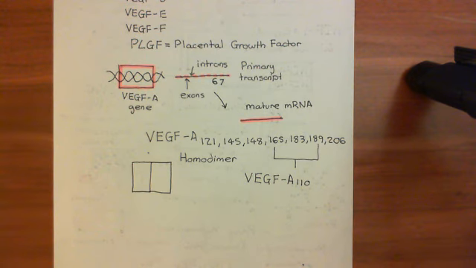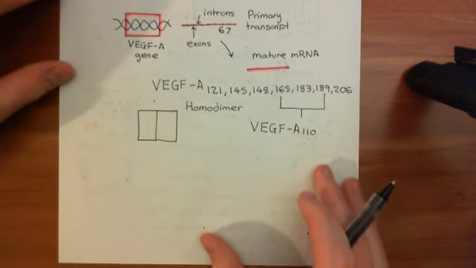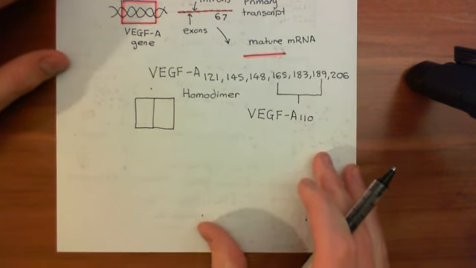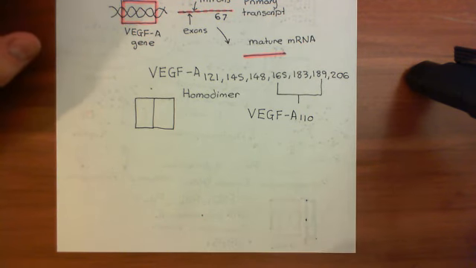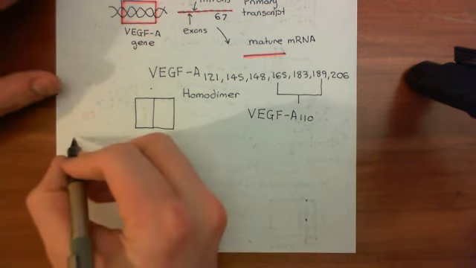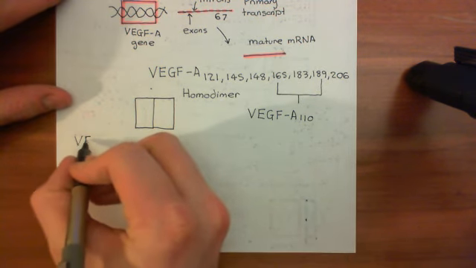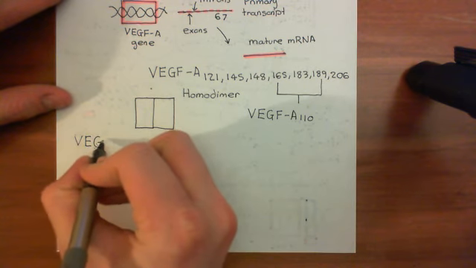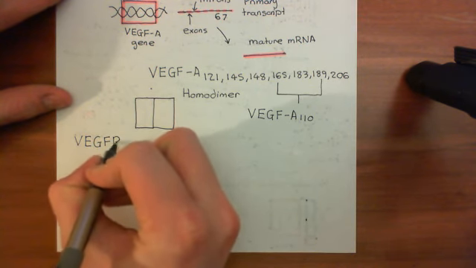So we now want to talk about the receptors for vascular endothelial growth factor A. Okay, so, well, in fact, the receptors for vascular endothelial growth factor in general. The most important receptor for vascular endothelial growth factor A molecules is what's known as the vascular endothelial growth factor receptor 2, VEGFR2.